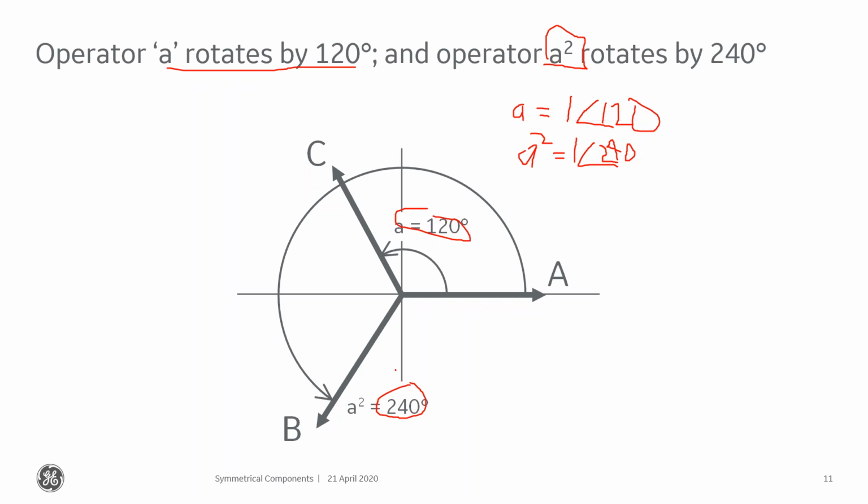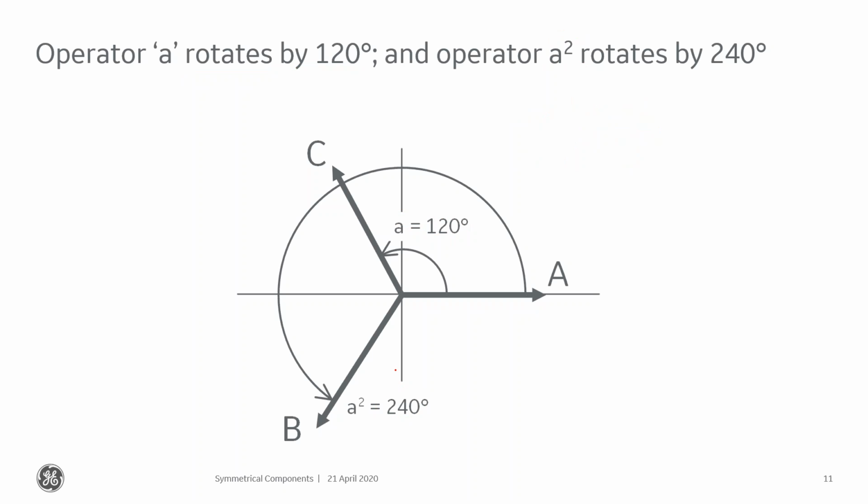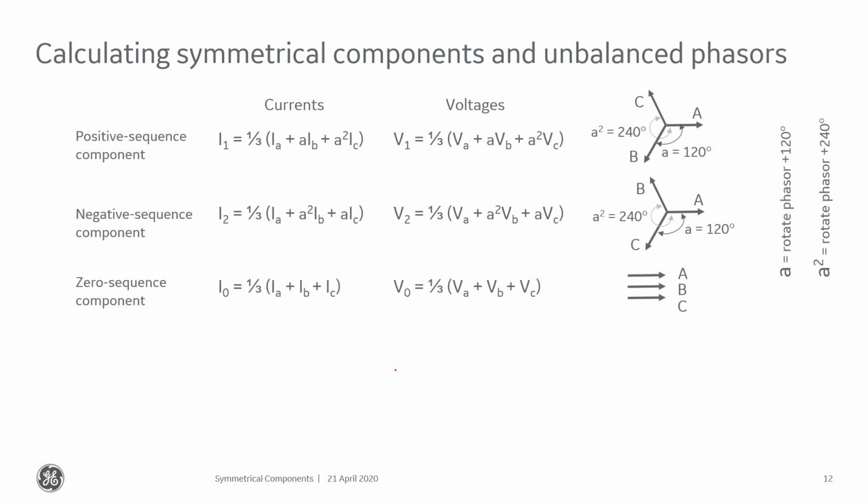All right, so let's look at how we use the A operators. The equation for the positive sequence component, this could be the positive sequence current, positive sequence voltage, whatever, is: we're going to take A phase, we're going to shift B phase by 120 degrees, and we're going to shift C phase by 240 degrees. And we're going to take 1/3 of that quantity.